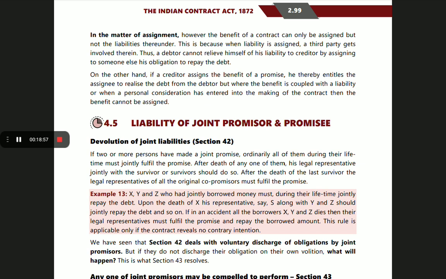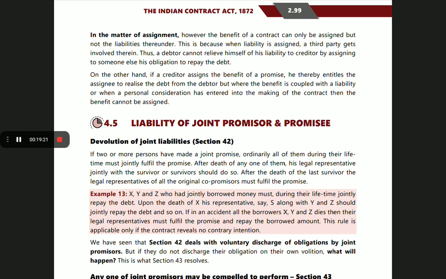Example: X, Y, and Z, who had jointly borrowed money, must, during their lifetime, jointly repay the debt. Upon the death of X, his representative along with Y and Z should jointly repay the debt and so on.